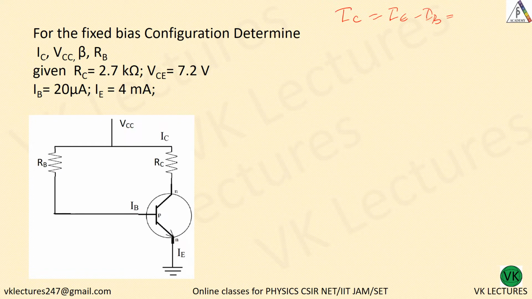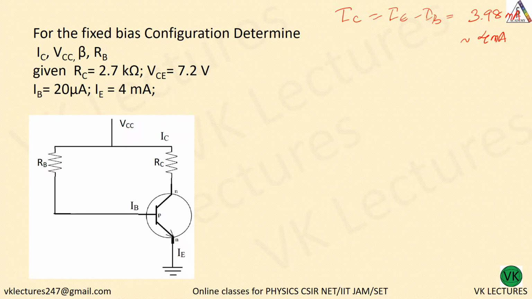In a way you can take IB, this is around 0.02 milliampere. IB equal to 0.02 milliampere. So I can write that is equal to 3.98 milliampere, or simply 4 milliampere also I can use. So it will be a small difference in your answer.